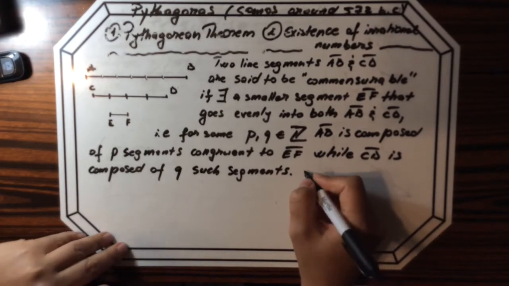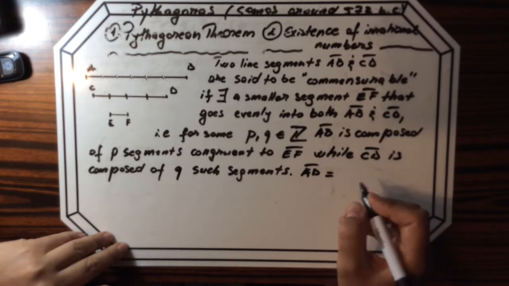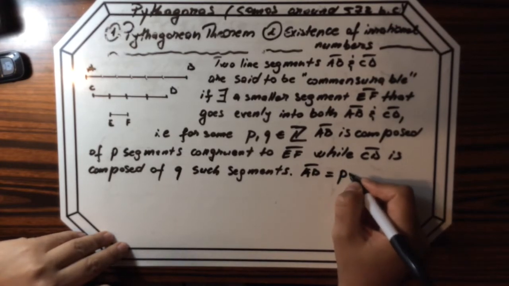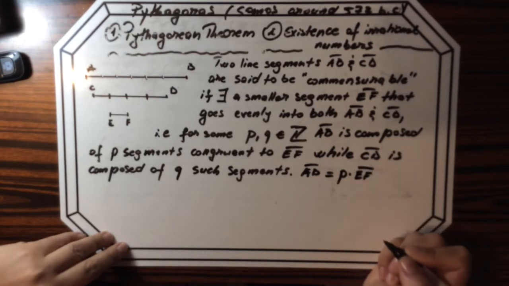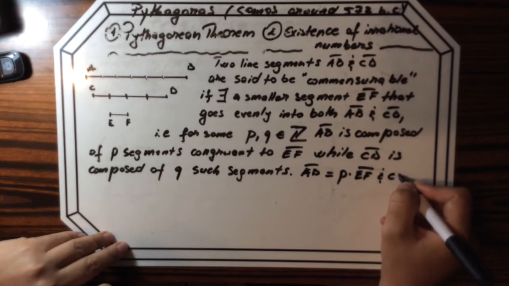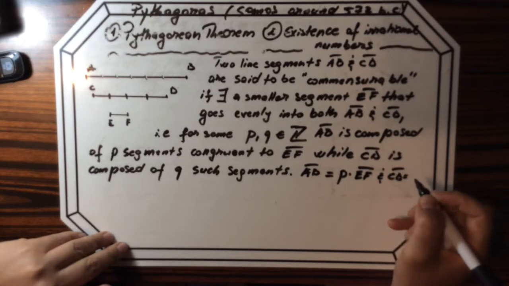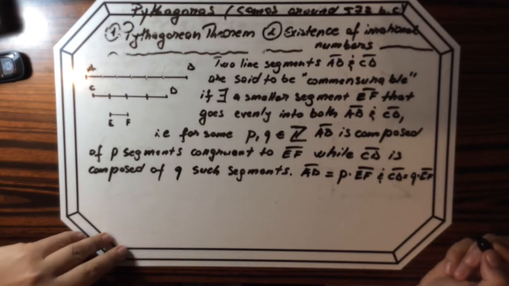So this means that the segment AB is equal to p times the magnitude or the length of the segment EF, and CD is equal to q times the magnitude of EF.